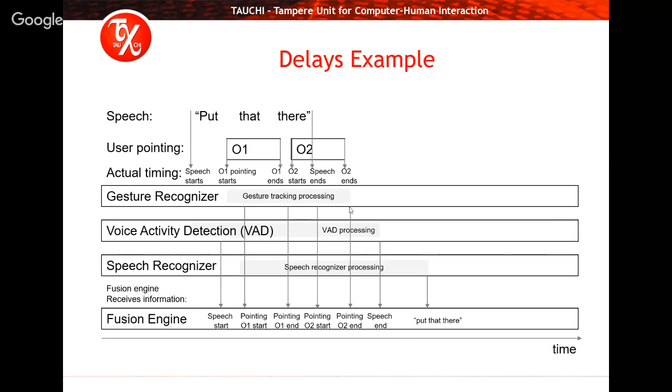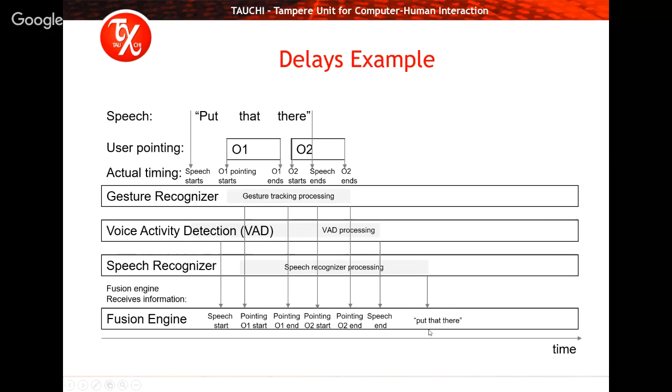And usually we want to allow the user to have short pauses when they are speaking. So from the moment the user stops speaking, the time the Fusion engine might receive the information that the user stopped speaking might be some significant delay. And usually the moment it receives the speech recognition results is even longer.